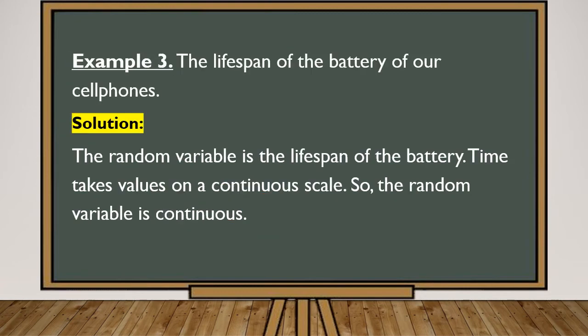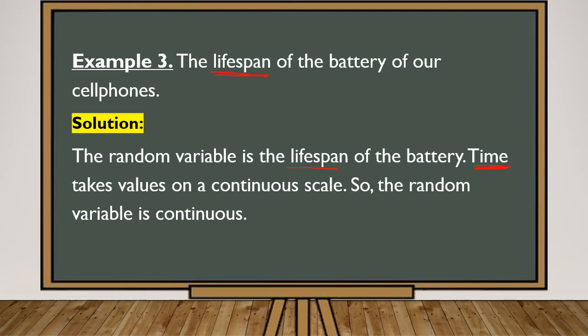Number 3, the lifespan of the battery of our cell phones. So the random variable is the lifespan of the battery. Of course, when we talk about lifespan, it deals with time.